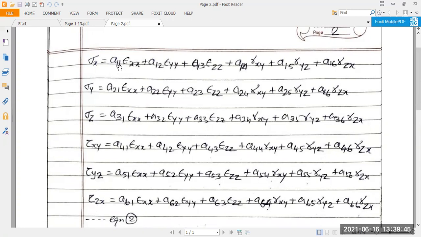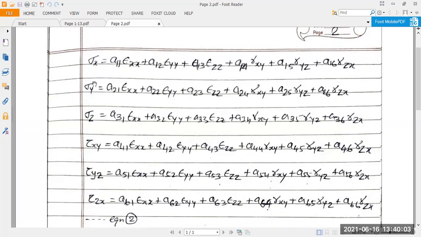It is given as A11 epsilon xx, A12 epsilon yy, A13 epsilon zz, and A14 gamma xy, and A15 gamma yz, and A16 gamma zx itself.